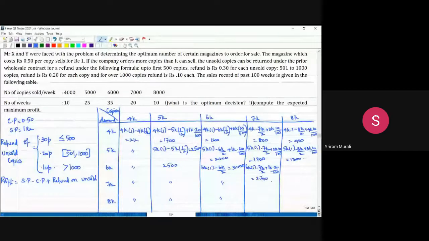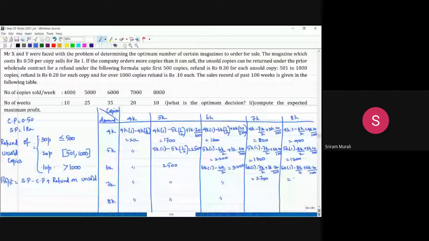This one, 6k into 1 minus 8k into 1 by 2 plus 2k, the difference 8000 minus 6000, 2000 into 10 by 100. So this is equal to 2200.